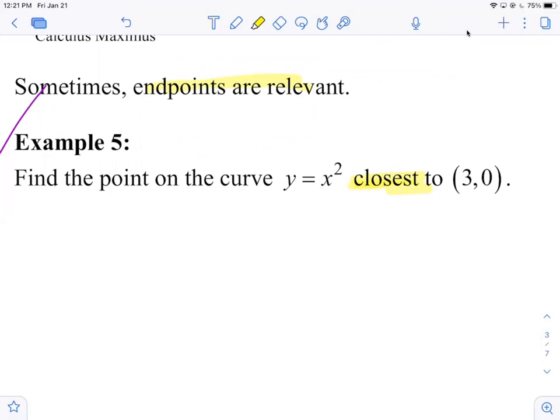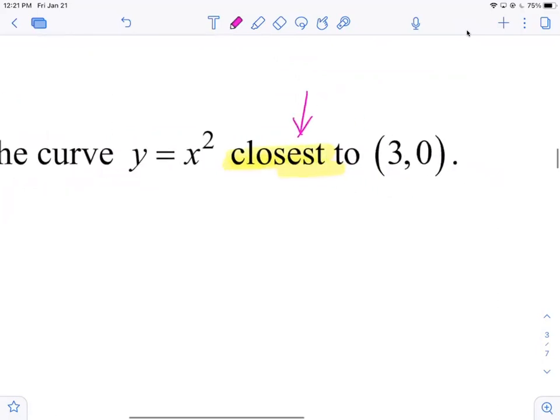All right. So let's look at example 5. Find the point on the curve y equals x squared that's closest to the point (3, 0). That seems pretty easy. How do we know reading that that it's an optimization problem? I don't see anything about ladybugs. Closest. There it is. Superlative case. So we're trying to maximize closeness, right?